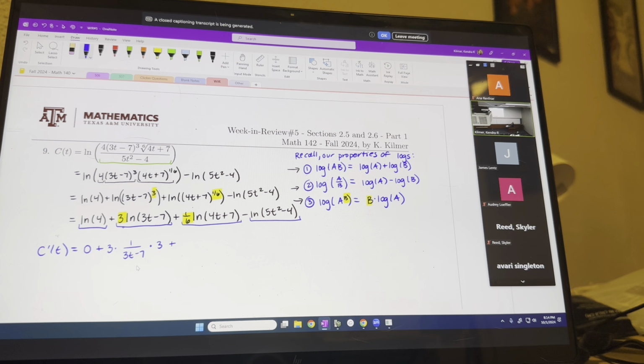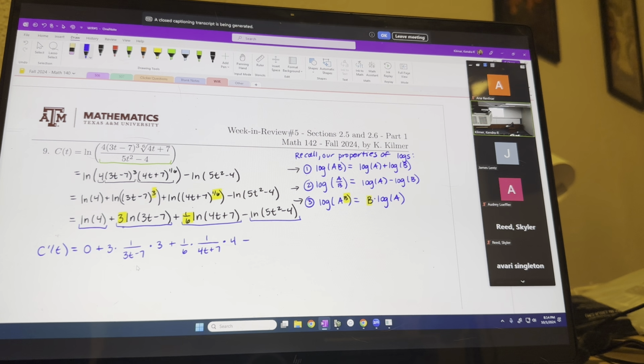Plus, likewise, we have a constant times a composite function. So it's just going to be that constant 1/6 times the derivative of this composite function, where the natural log of t is my outer function, 4t plus 7 is my inner function. So the derivative is going to be 1 over 4t plus 7 times the derivative of 4t plus 7, which is just 4, minus the derivative of the natural log of 5t squared minus 4.